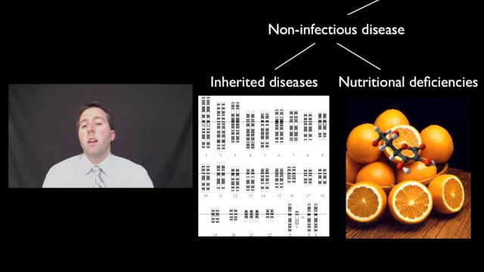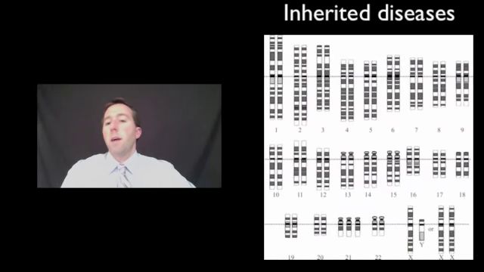If we look at an example of an inherited disease, it's all about the DNA that's in you, and we're supposed to have 46 chromosomes in total, 23 from our mum and 23 from our dad. So you can see here, there are in fact pairs of chromosomes. You get this chromosome 1 from your mum, this one from your dad, this one from your mum, this one from your dad, and so on.